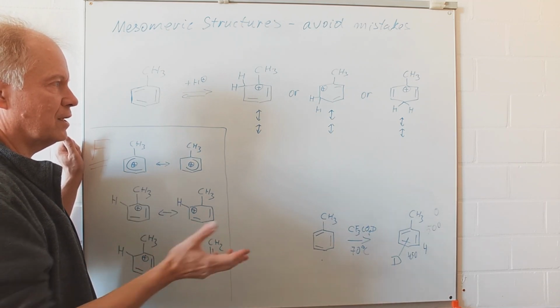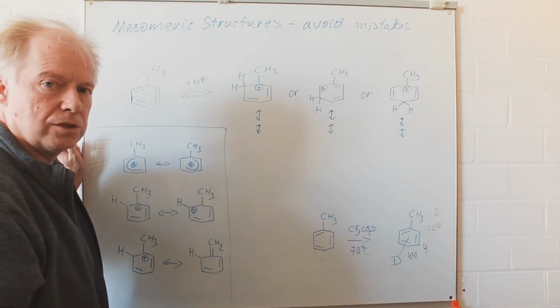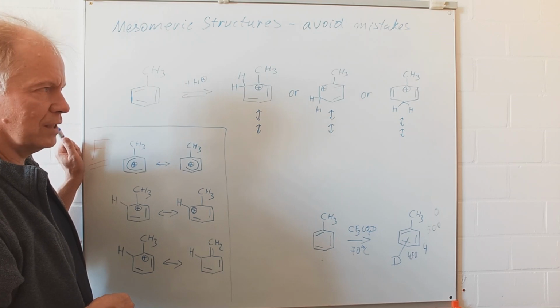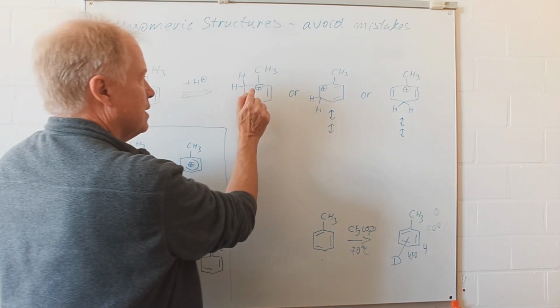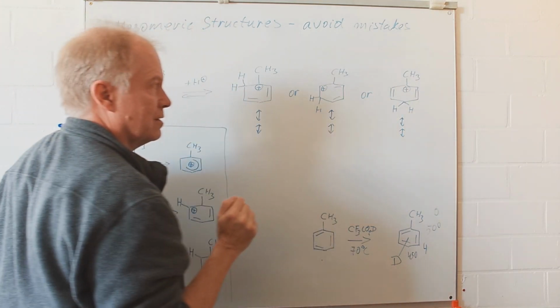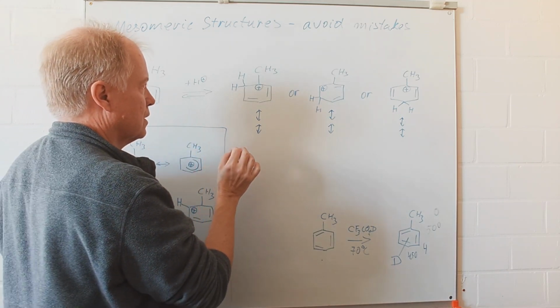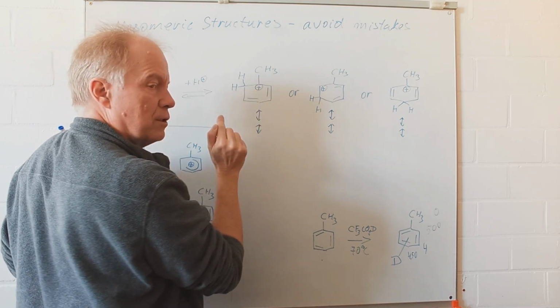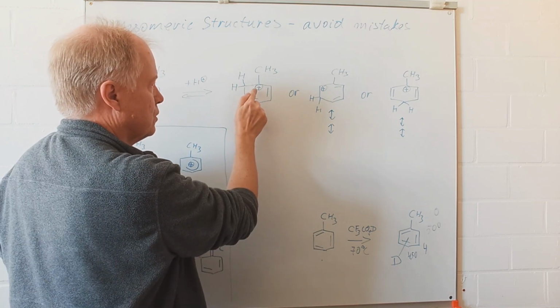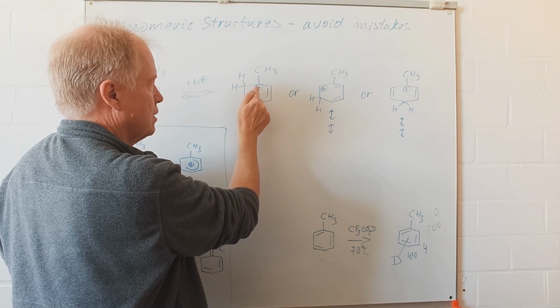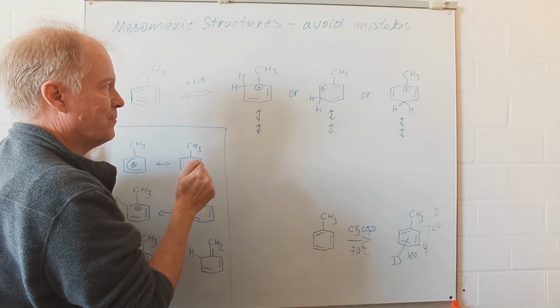So how to decide which combination is the best one? Well, in this case and in that case, we have a mesomeric structure where the positive charge is located alpha to the methyl group.